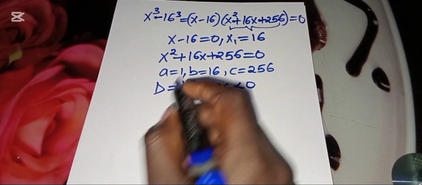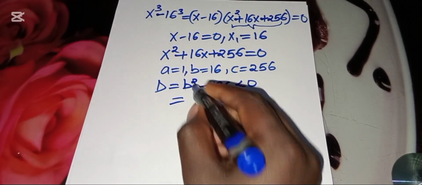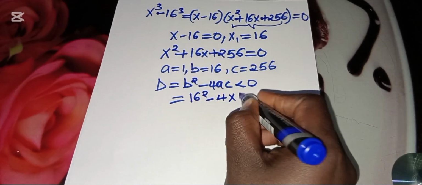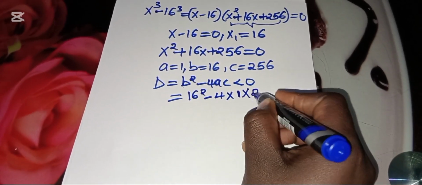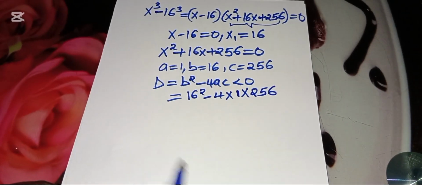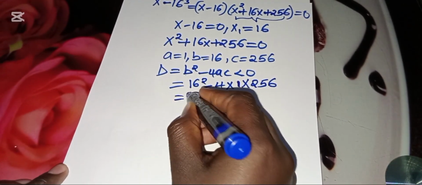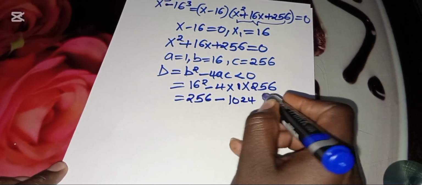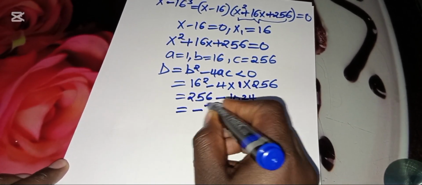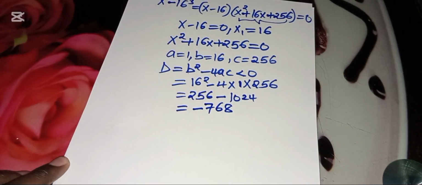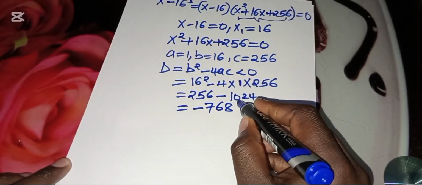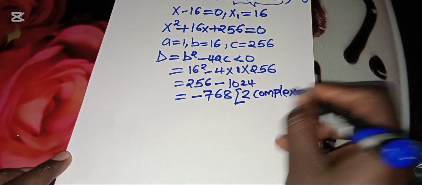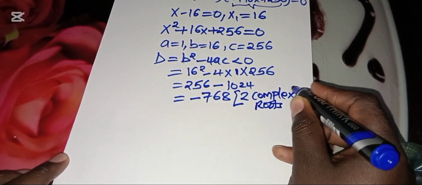So let's see if we have less than 0. b squared is 16 squared, minus 4 times a, which is 1, times c, which is 256. This is equal to 256 minus 1024, then we'll have negative 768, which shows that we have two complex roots.